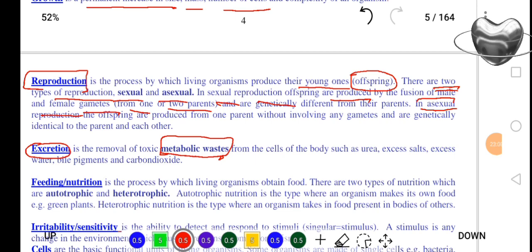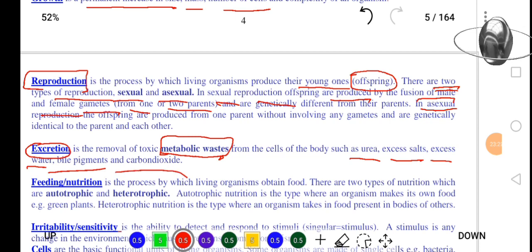For excretion to take place, we are talking about the removal of toxic substances from the living cells directly, such as urea, excess salts, excess water, biopigments, and carbon dioxide. These substances are excreted from the living cells. To excrete is to remove.